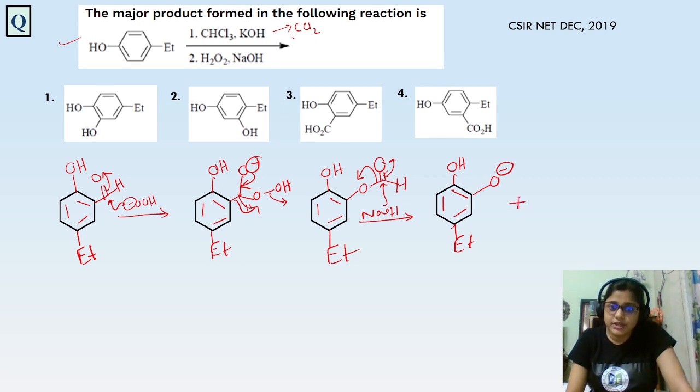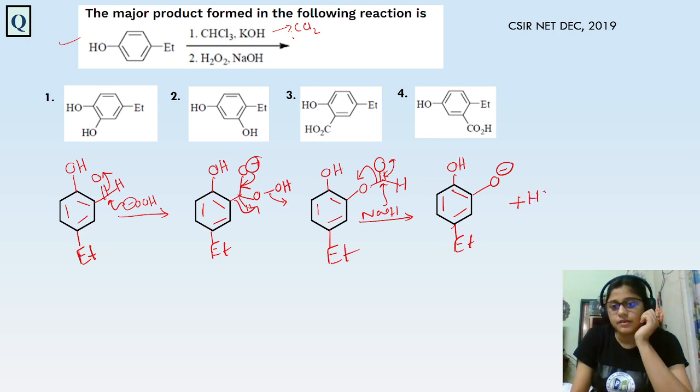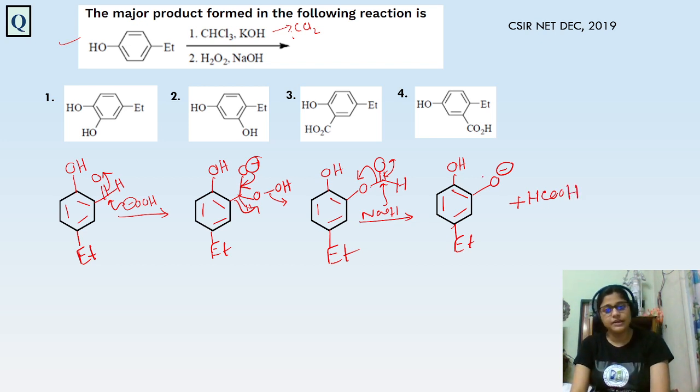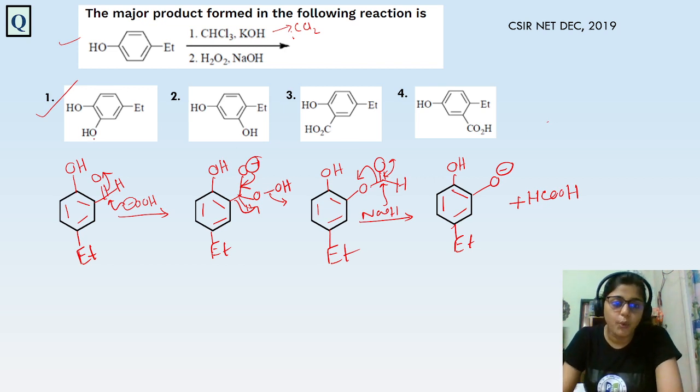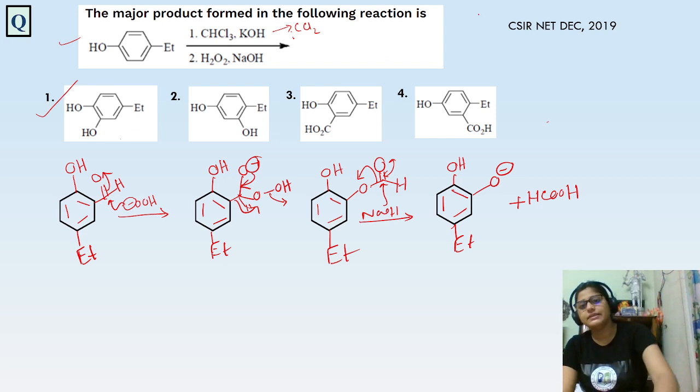CO is there and one OH, so HCOOH is removed from here. So what will now be the answer? Let's say it is protonated now, so from another molecule the H will be abstracted, and this will be OH at the ortho position, and this will be the product. This question is from CSIR NET December 2019.